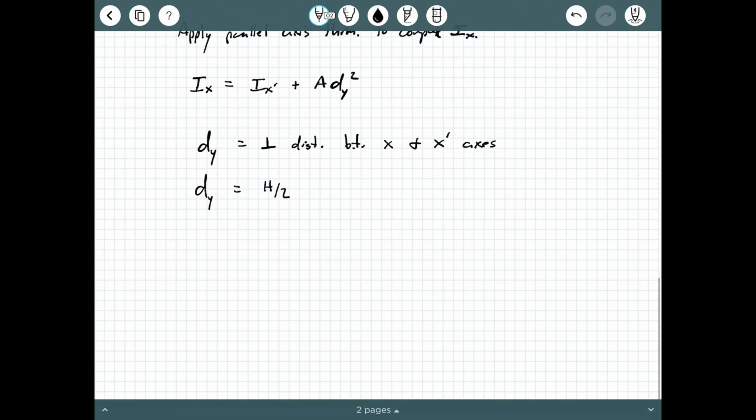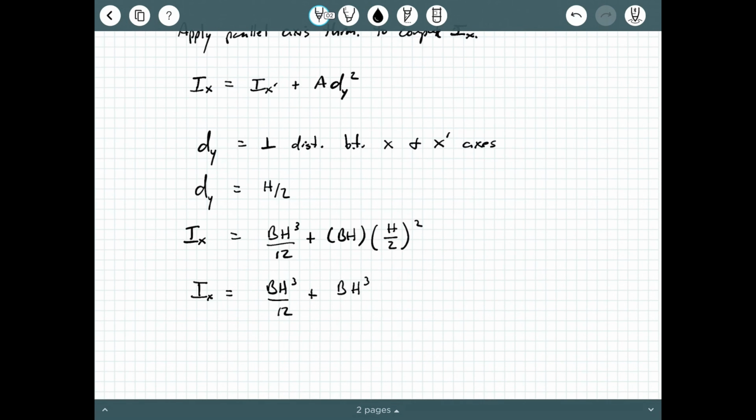So now I can apply this parallel axis theorem, and I can say I sub x equals bh cubed over 12. That's what I just calculated. Plus the area is b times h over 2 squared. And doing a little bit of algebra here, I'm going to have bh cubed over 12 plus bh cubed over 4.